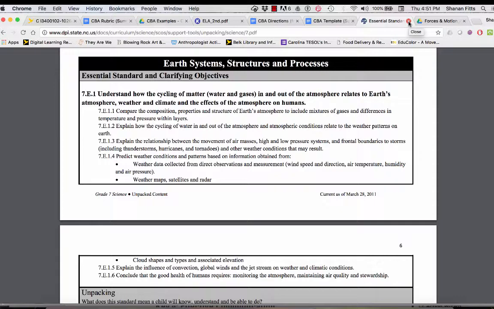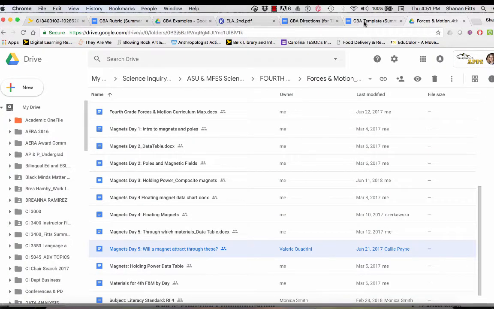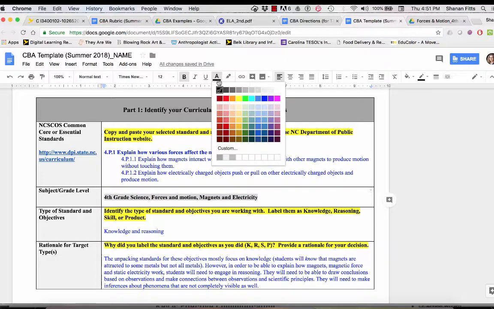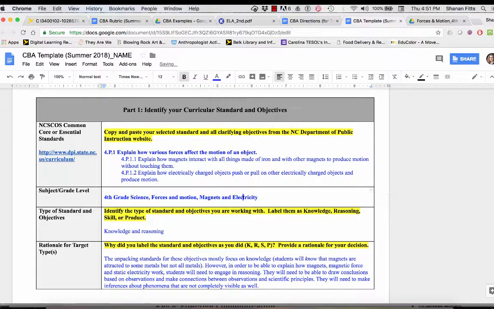I'm going to leave my example here, but when you do yours, you can just cut all of this out and put your own material in there. I'll put mine all in blue so that you'll know that that's my example.